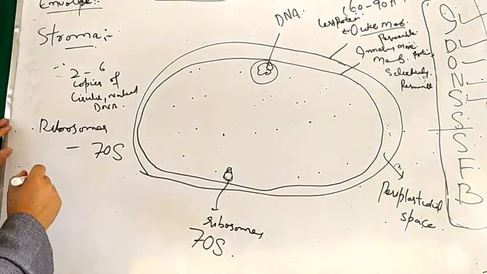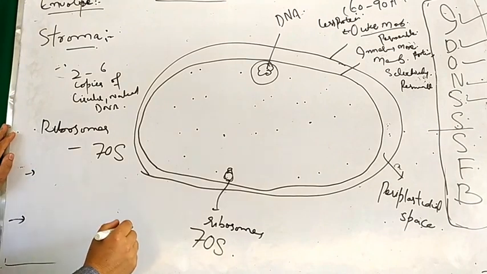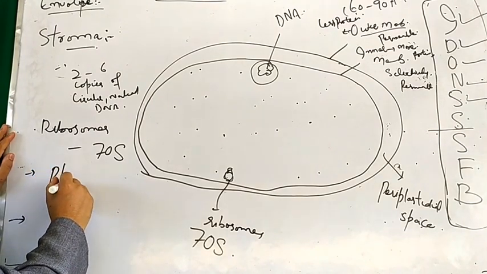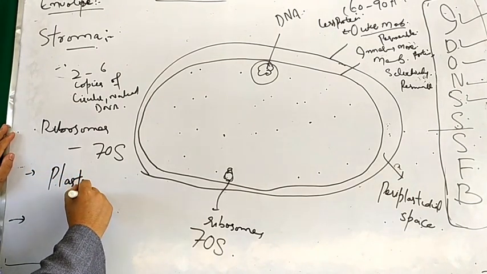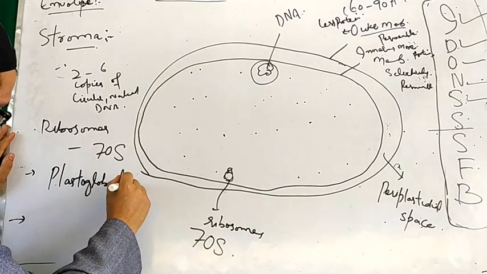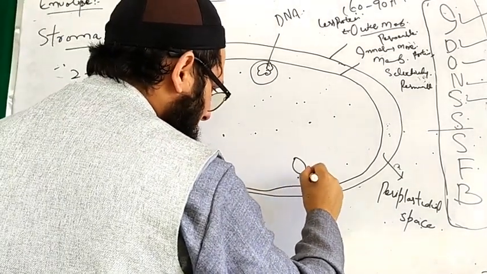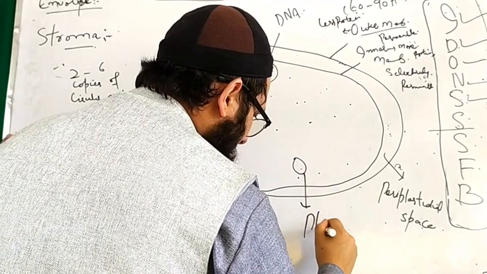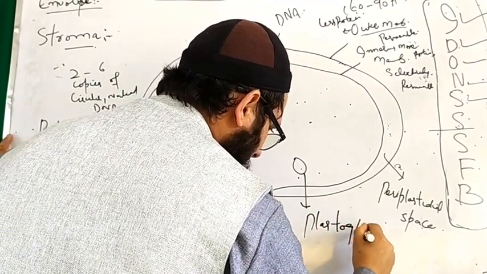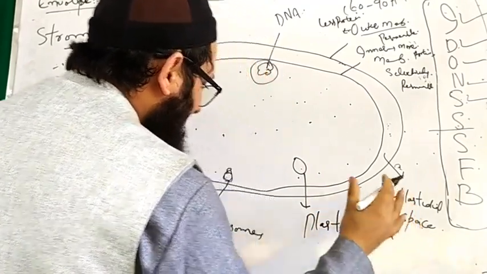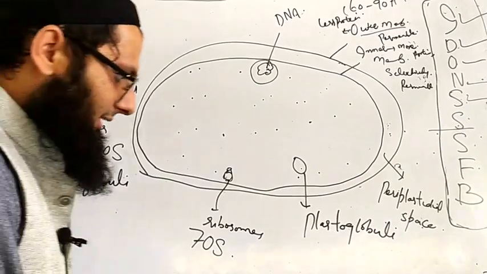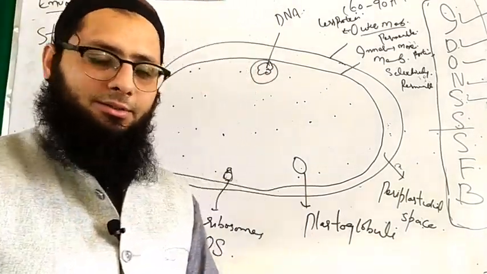Okay, and we have a structure that is called plastoglobuli. Plastoglobuli is a structure over here. This plastoglobuli actually stores lipids.